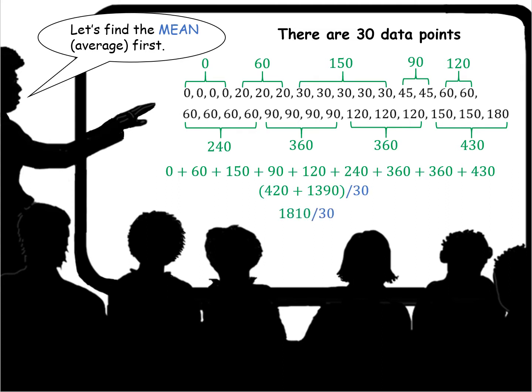And I'll group them if I need to. But take your time, do it step by step, and you won't make an error. So our math shows that we have 1,810 divided by the 30 data points. That's going to give us our average, which we call the mean. And we find that our mean is 60.33.